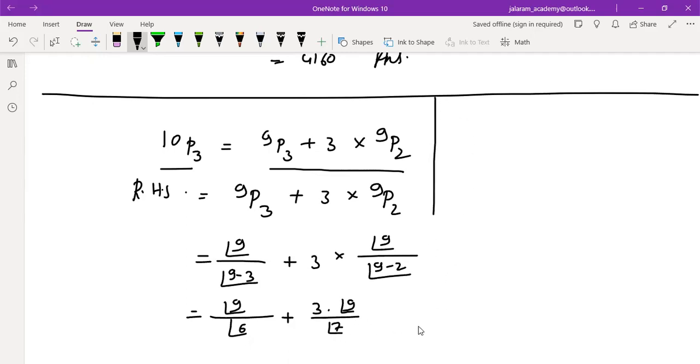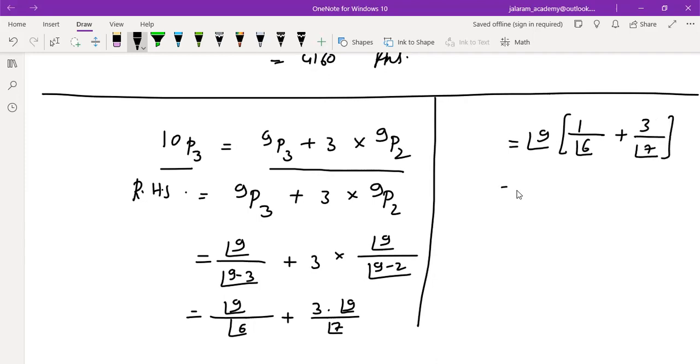Now let's check which term is common. We observe that factorial 9 is common between them. Then write the remaining terms: 1 by factorial 6 plus 3 over factorial 7. Don't use their values, otherwise it will be difficult to solve.